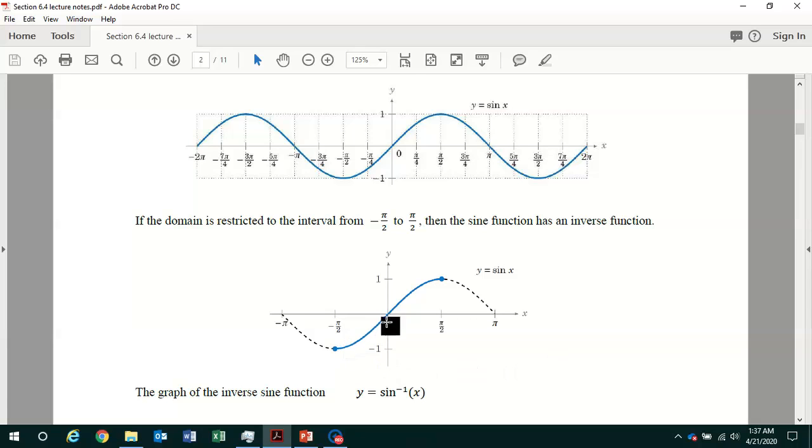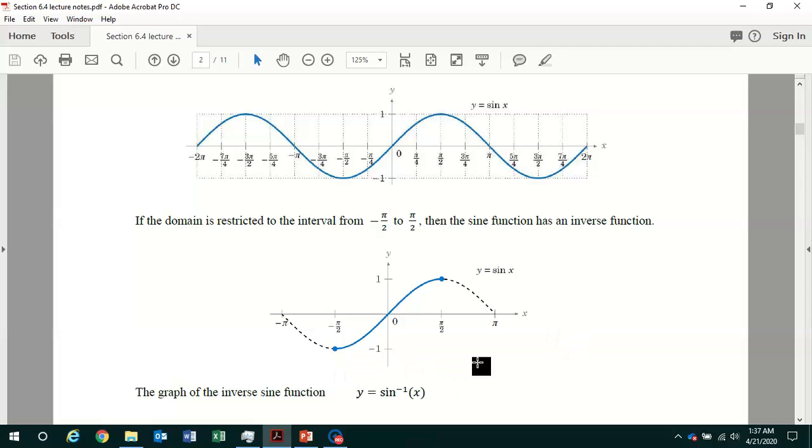And we're just left with this blue piece right here. And its range, this blue piece, is still -1 to +1. And you can see this section of the graph of the sine function up above passes the horizontal line test. No matter where I draw the horizontal line, it intersects the graph in only one place.